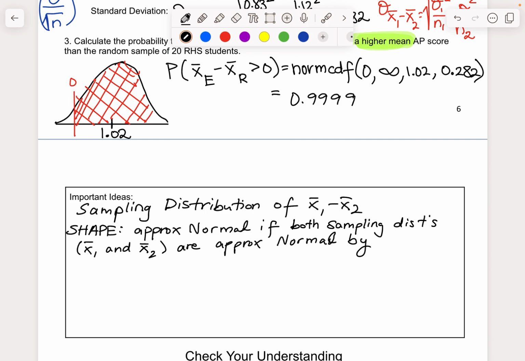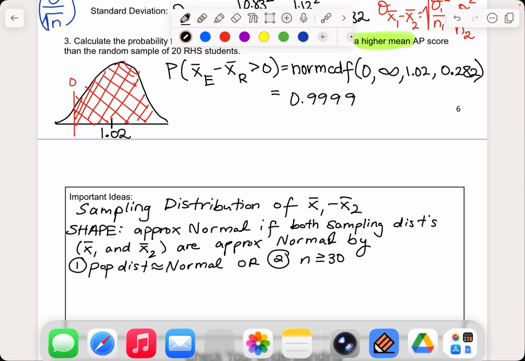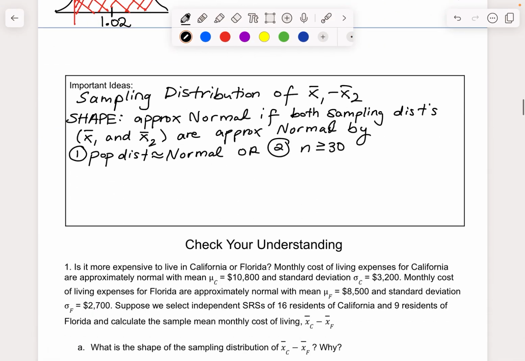By either 1, they have a normal population distribution, or 2, n is greater than or equal to 30. Okay, what about the center? We have a formula for the center. The mean of a sampling distribution of the difference of sample means is just equal to the true difference in the means.